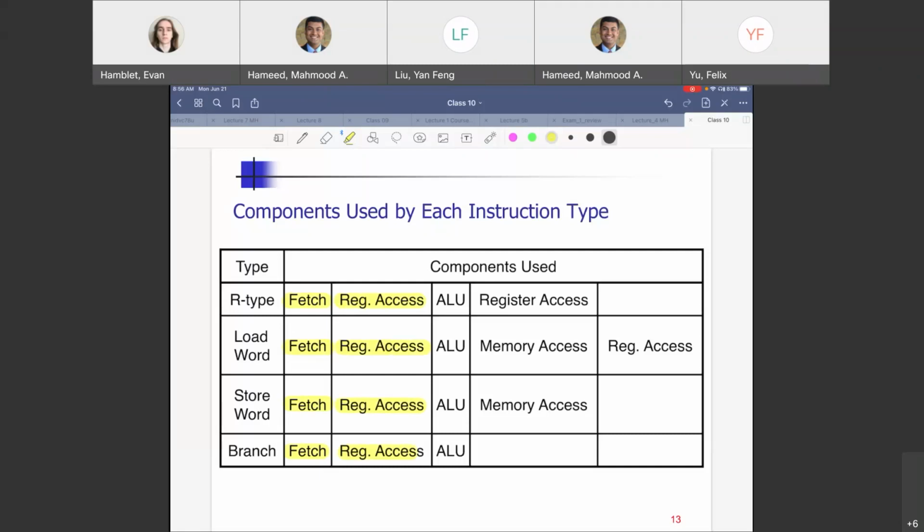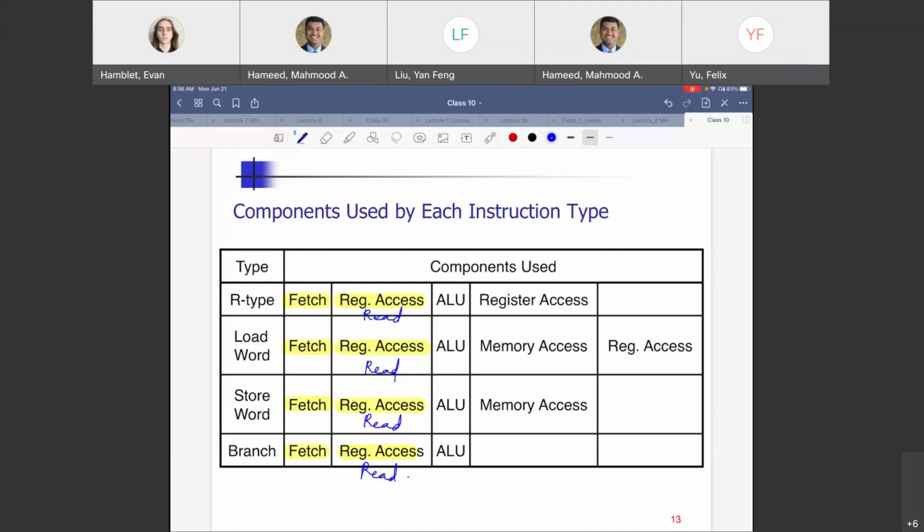So the first time you do this register access, you are doing the reading. For example, if you are doing the add instruction, you read 2 registers at once. If you are doing an addi instruction, you read only 1 register.